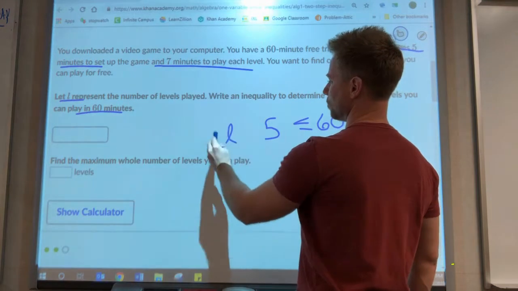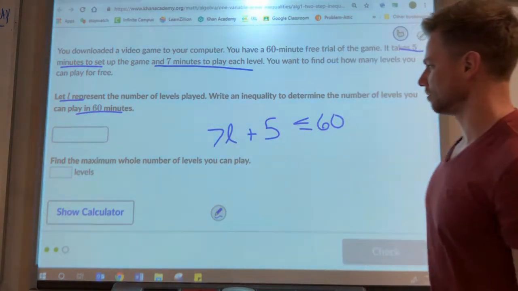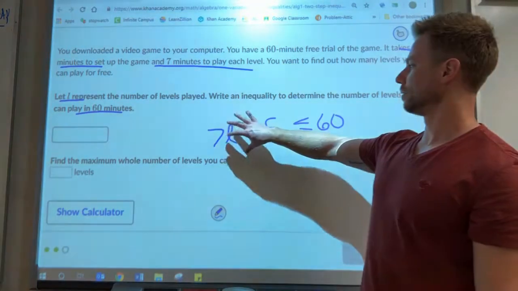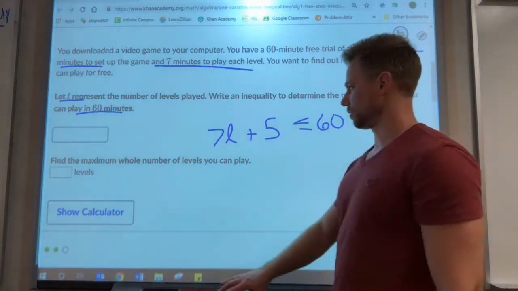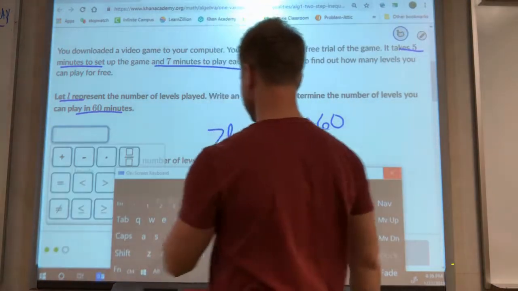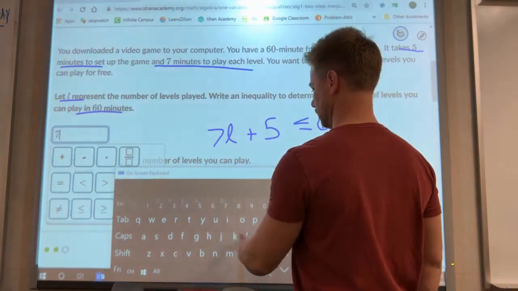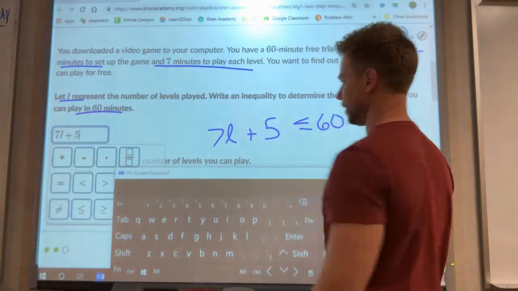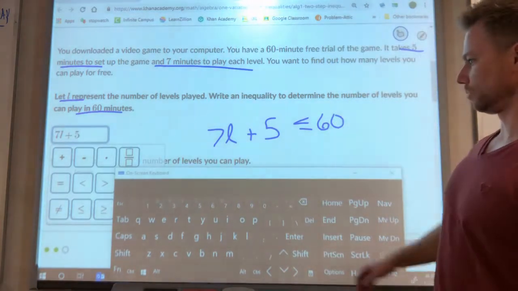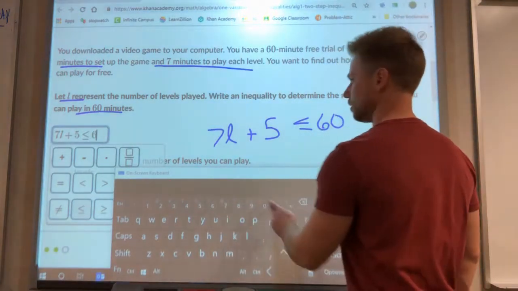So however many levels we play, we're going to multiply that by 7, add 5. That's going to be our total time playing the game. Has to be less than or equal to 60. So that's our inequality. We do 7L plus 5 is going to be less than or equal to 60.